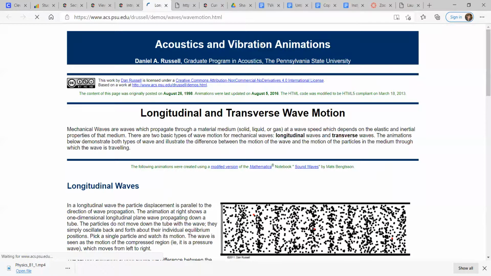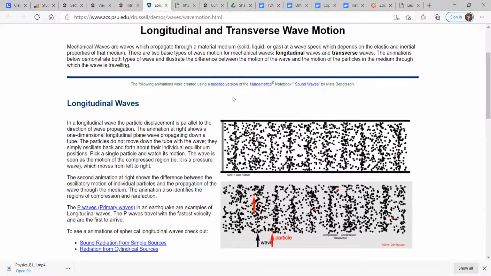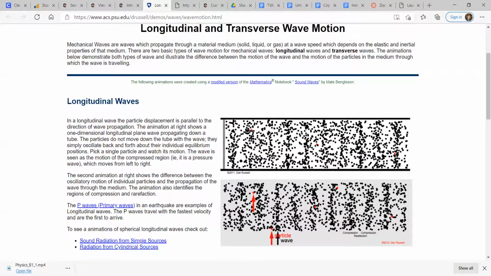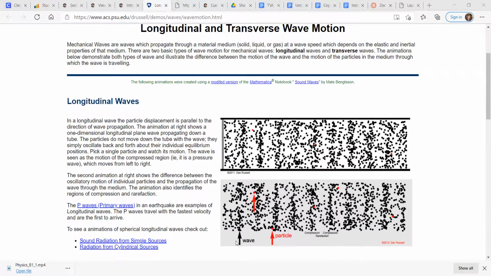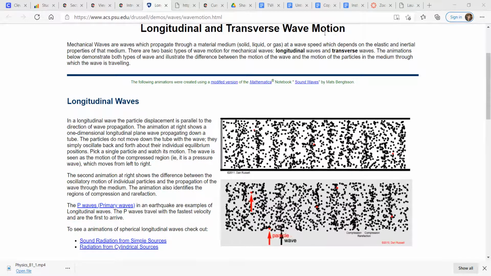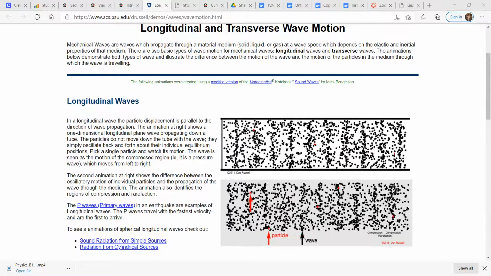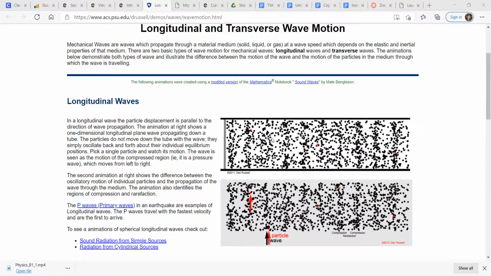And here we can watch some animations. So here we go. Sharing this right screen. Okay. So here we have longitudinal and transverse wave motion.